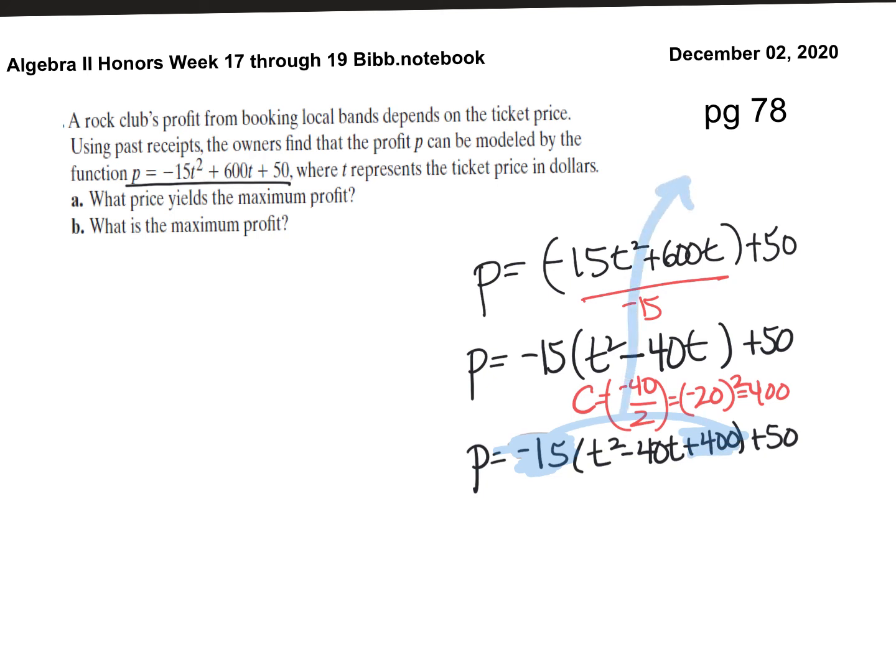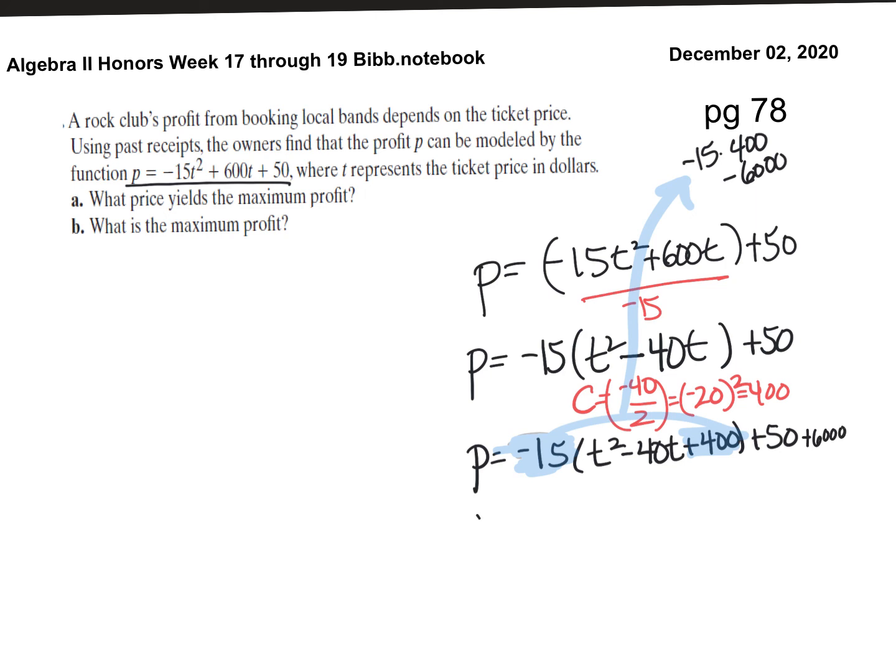And you're welcome to use a calculator here. 15 times 400, is that 6,000? Yes. So it's actually negative 15 times 400, which is negative 6,000. And how do I balance that? I subtracted 6,000, so I add 6,000 here.